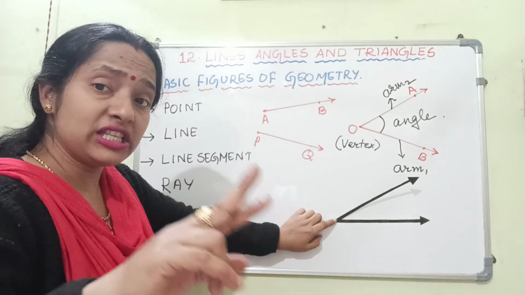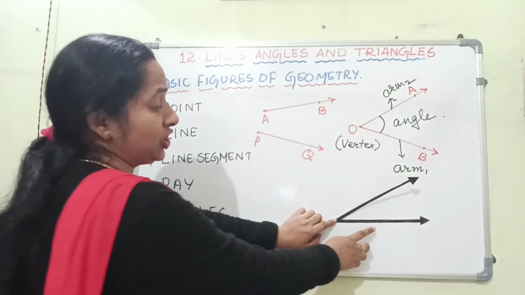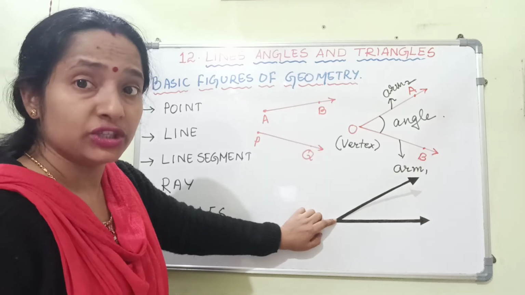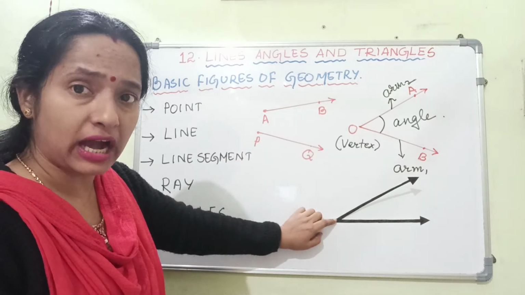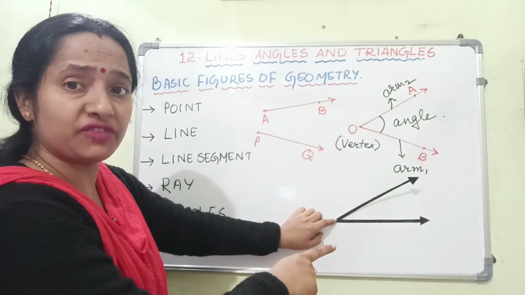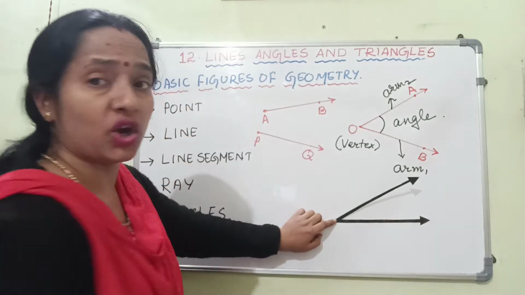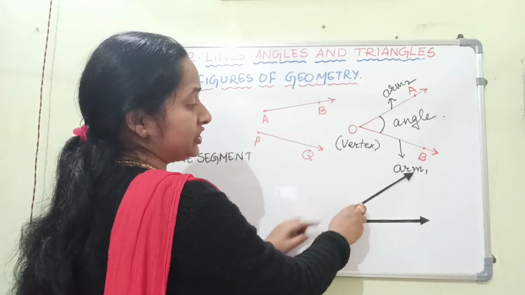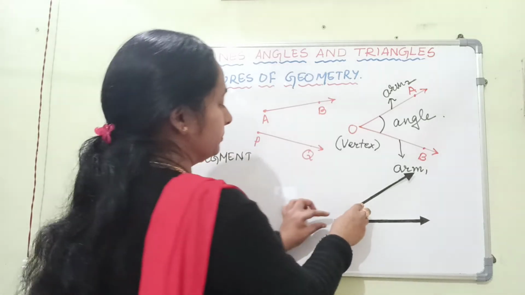Between these two rays, one is fixed, which is not moving, but the other ray is moving. So the arm that is moving will be called the movable arm, and the arm that is fixed will be called the fixed arm. Even this fixed arm can also be called the initial arm, and the other arm which is moving will be called the terminal arm.